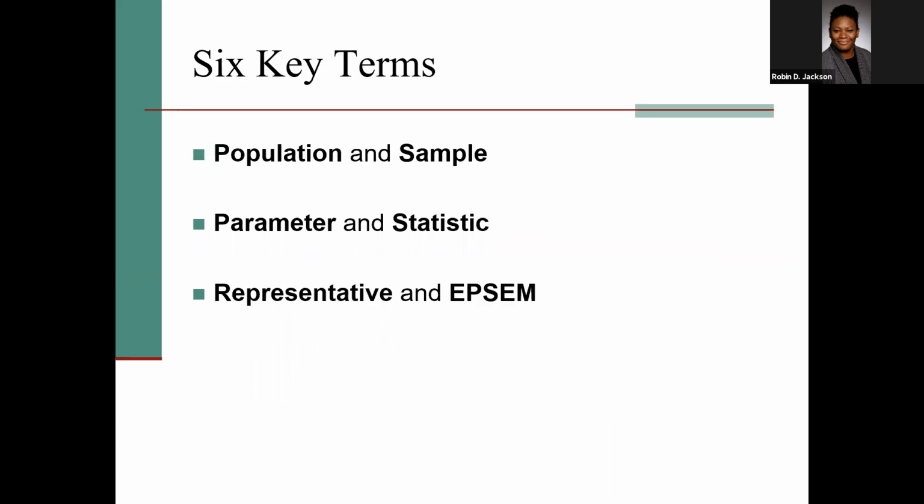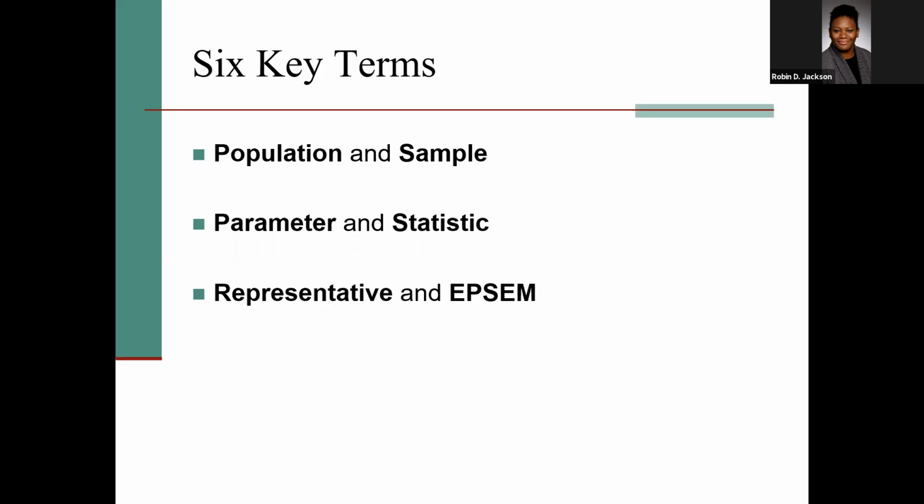All right, so these are those terms you're going to want to familiarize yourself with. They'll be used throughout the remainder of this chapter and the textbook. You need to be able to know the difference between a population and a sample, a parameter and a statistic, representativeness, and EPSEM.